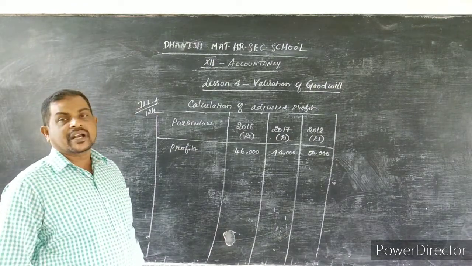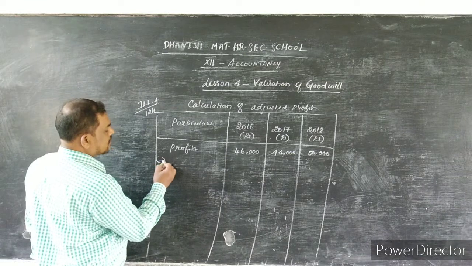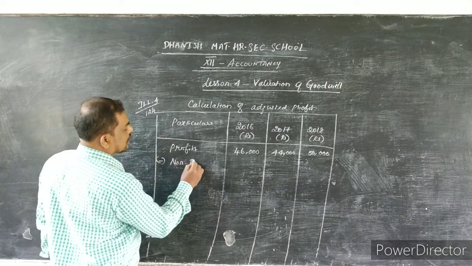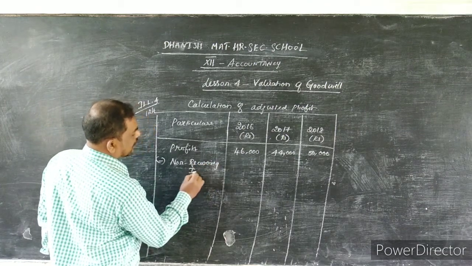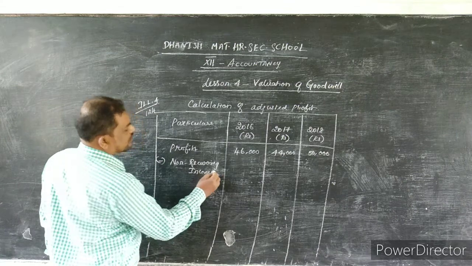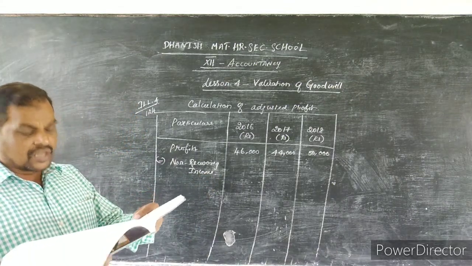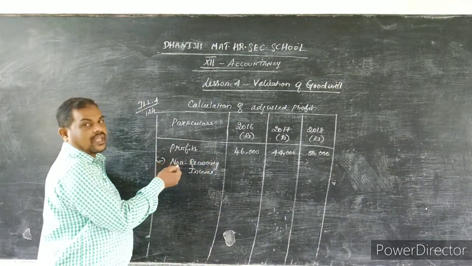From this we have to deduct the two adjustments given in the sum. First adjustment is less non-recurring income. It was included in the year 2016, rupees 5,000. So now we are deducting this because it was wrongly included.